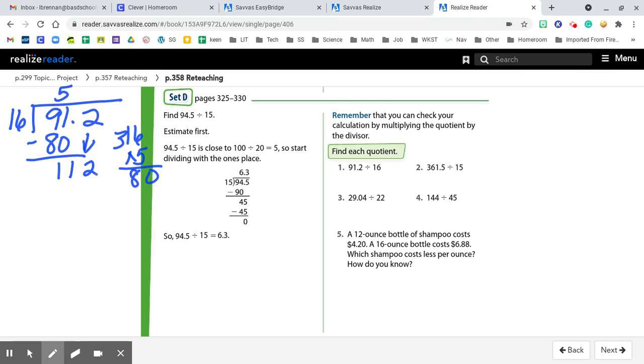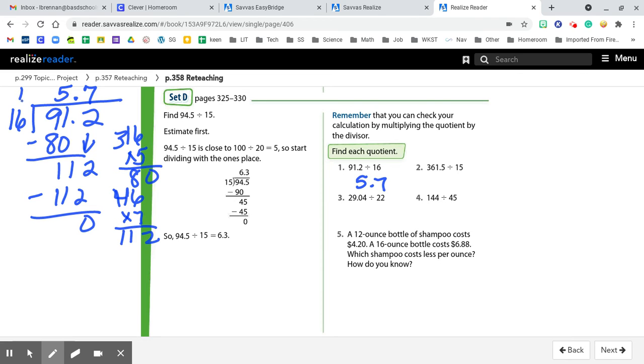So try 16 times 6, 16 times 7. So that will get us exactly what we need. So 5.7.